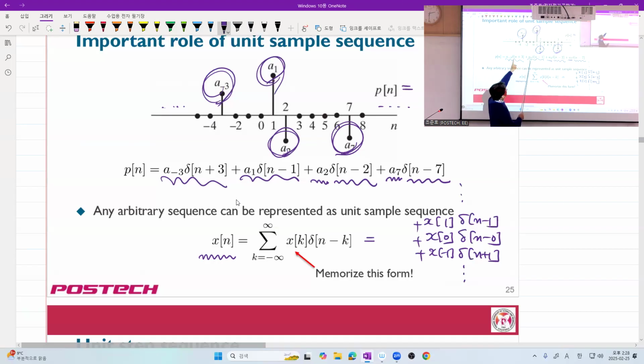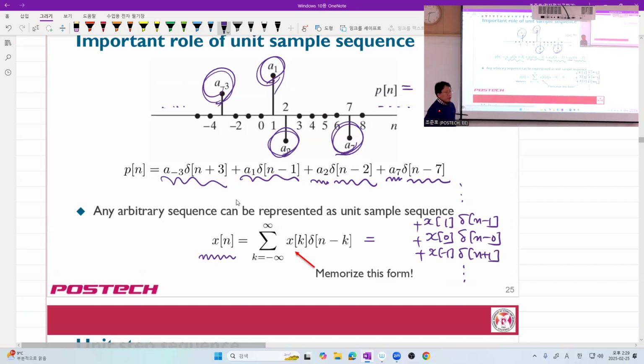So similar to this example, we can rewrite an arbitrary signal x of n using delayed and weighted unit impulse signals, or delta functions. Got it? Be careful. This is a function of n, and we have chosen an arbitrary summation variable here, k. You may choose L, M, anything other than n, right? So be careful.